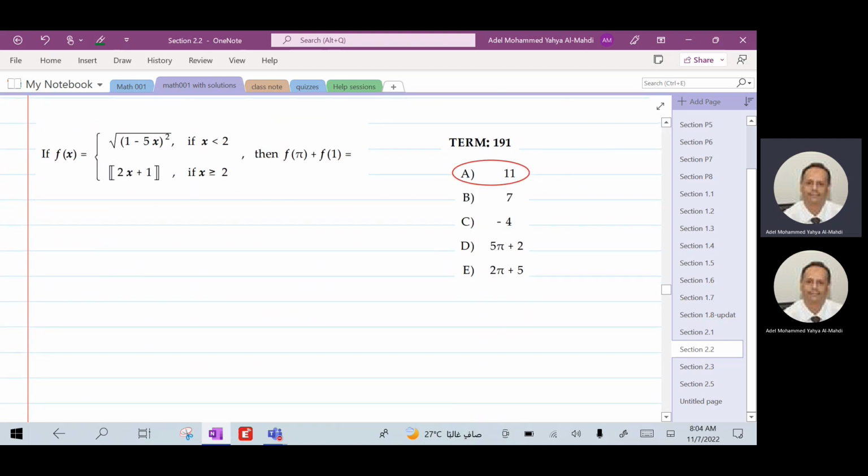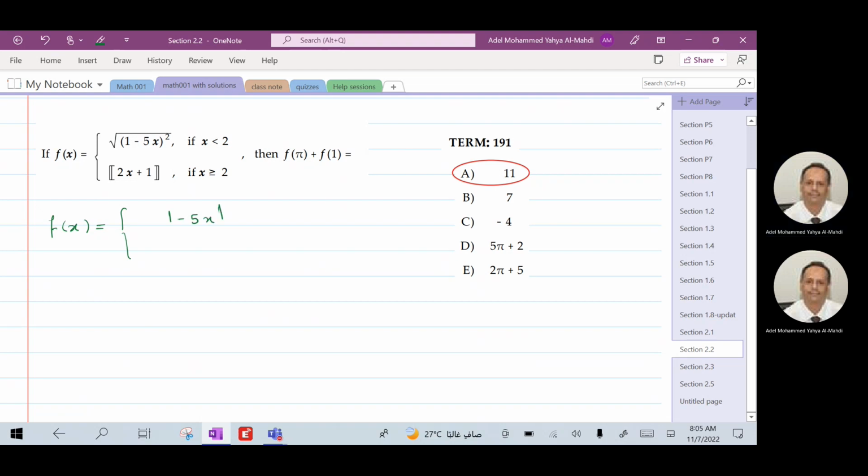Solve one more. All the questions in this section are similar to this one. Piecewise function, one branch or one part is absolute value, and the other is the greatest integer function. Type here, f of x. Of course, here it is fine, but we can rewrite this one to be more clear. The first part is absolute value of 1 minus 5x.